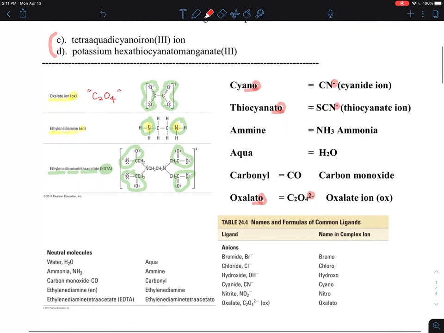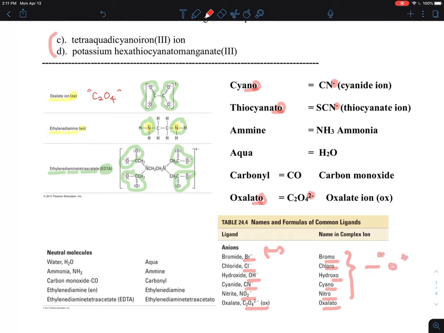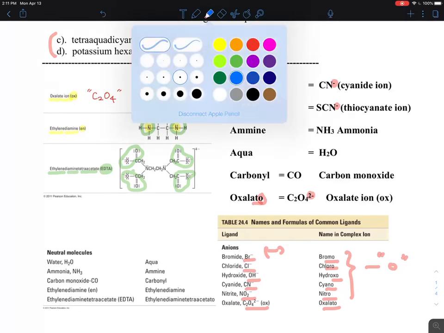You can see all the negative compounds are always hydroxo, cyano, nitro, oxalato, right? Even the bromo, chloro. Anything that is a negative charge has this tendency with an O at the end, and that's one of the tendencies that you should remind yourself.